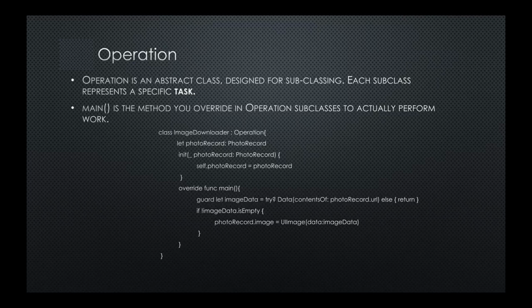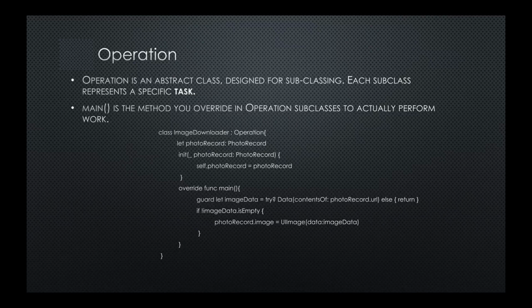So operation is like an abstract class which represents a specific task, and to perform operation, you have to subclass your class with operation and you will have to write a main function.